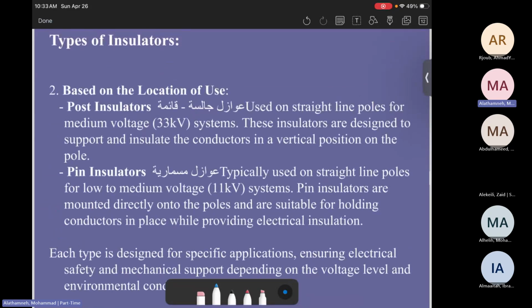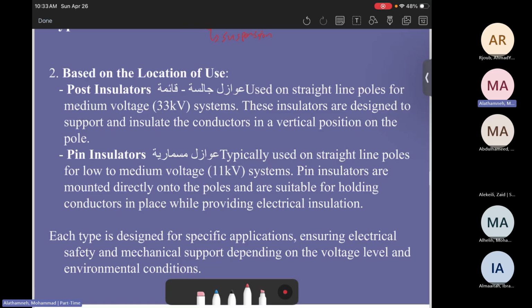Now, also regarding the types of insulators, we can classify them, as we mentioned before, as tension and suspension. Here, we will have something similar to tension and suspension, but we will call it post insulator or pin insulator. The post insulator is something similar to suspension, which can be in a vertical position on the pole.